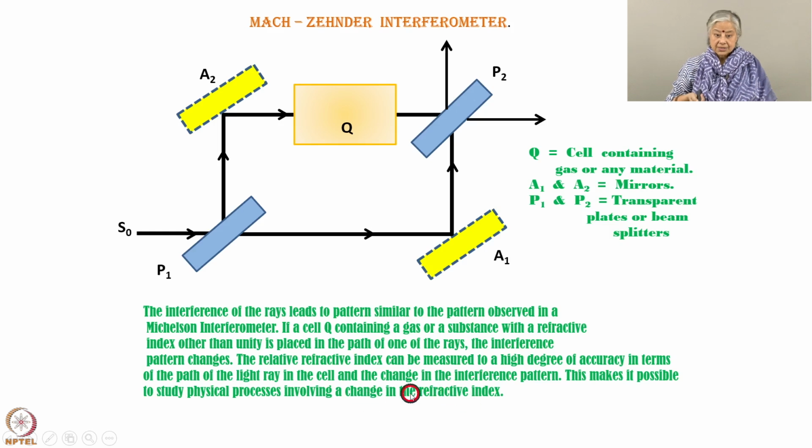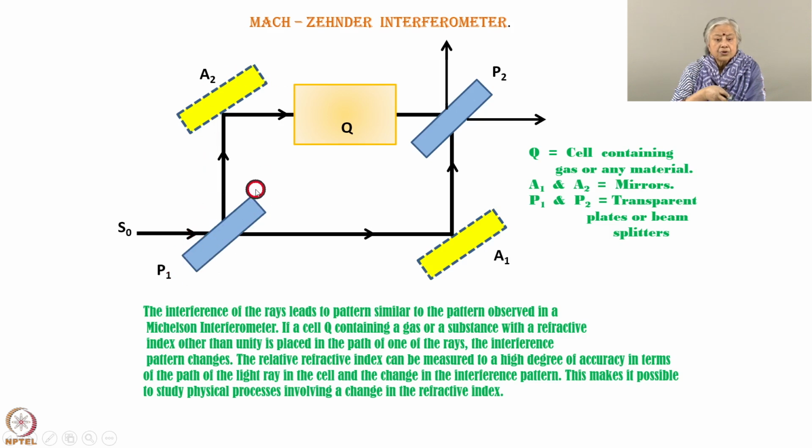That is an important part of any experimental technique. So, what do we do here in the Mach-Zehnder interferometer? I have a source of light here, which is of course a laser, and it is going through here. P1 and P2 here are transparent plates, transparent because they pass the light, and part of it also gets reflected.